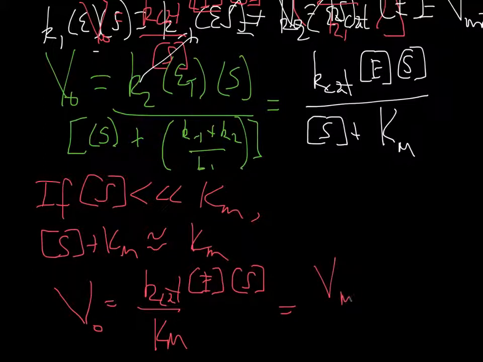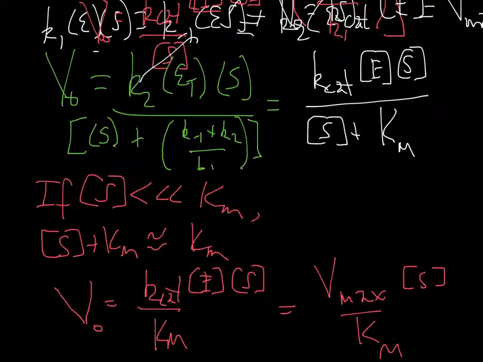Because remember, Vmax is the same thing as kcat times E. So Vmax times S over Km. That's the same thing. So now if you plot this, where your y-axis is your velocity, your x-axis is your S, it just forms a line with the slope of Vmax of E over Km.